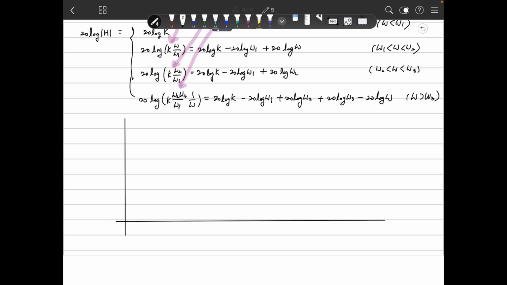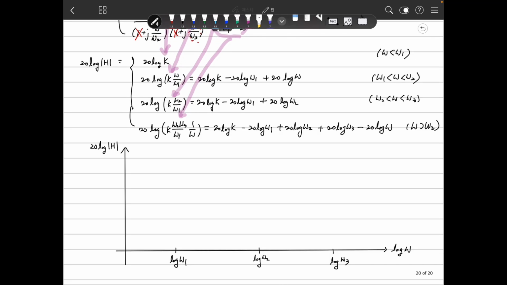And so we have here the magnitude, and this is log omega here. So we have three values: log omega 1, log omega 2, and log omega 3.